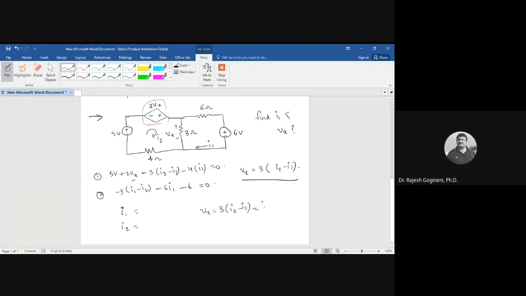So 3 unknowns you need to find: I1, I2, Vx. What is the value of I1?